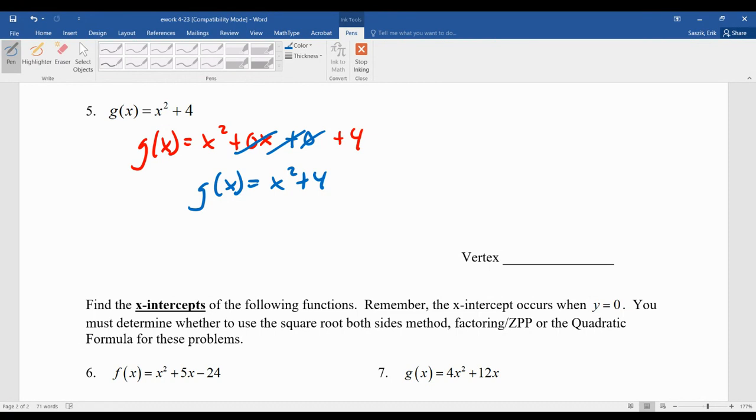Okay, now here, I'm going to tell you why. So this was standard form. This is vertex form. They actually look exactly the same. Now let me tell you why. It's because this vertex form here, it's really the same thing as this.